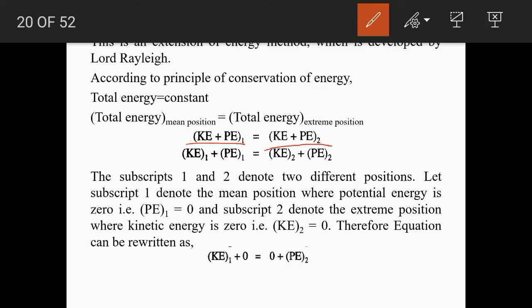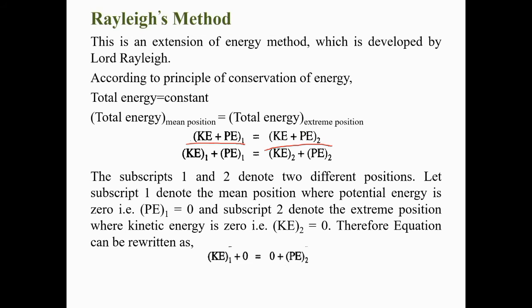But we already know that the kinetic energy at the extreme positions would be 0 and it is maximum at the mean position, while potential energy is maximum at the extreme positions and 0 at the mean position.